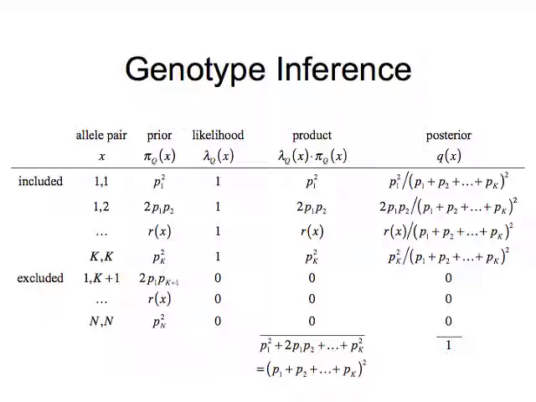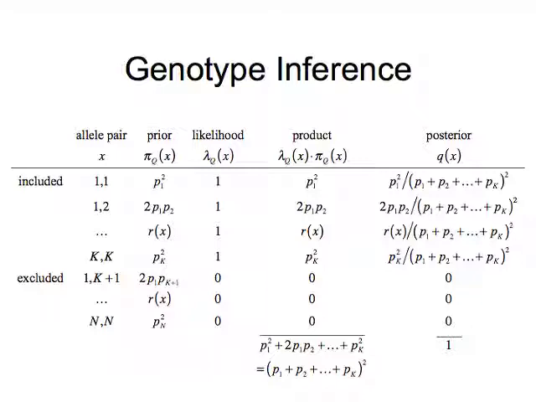Now, in the third column, we move to the likelihood function. This is the inclusion likelihood function. It says that every allele pair who has both of its alleles contained in the evidence data is assigned a number of 1, and anything that's excluded, that has some allele in its allele pair that's not in the evidence list of alleles 1 through k, is assigned the number 0.